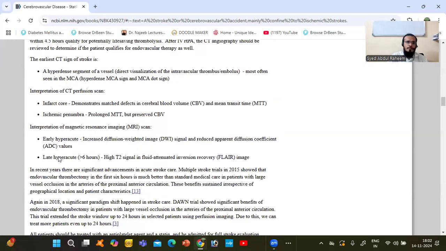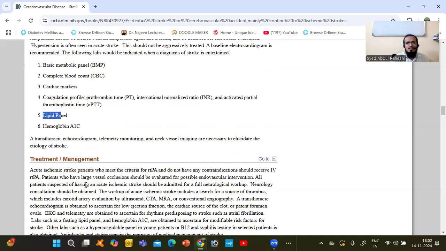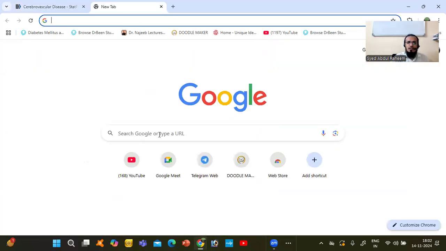Next, you have to do blood count, cardiac markers, PT with INR, APTT, because you have to know about all the clotting factors, lipid profile, or else if he has sugar, you have to go to the HbA1c.